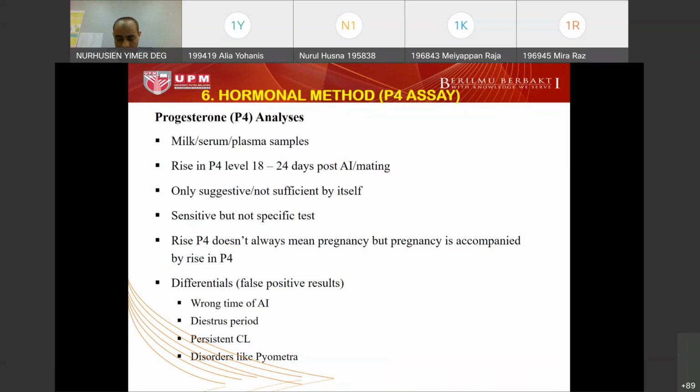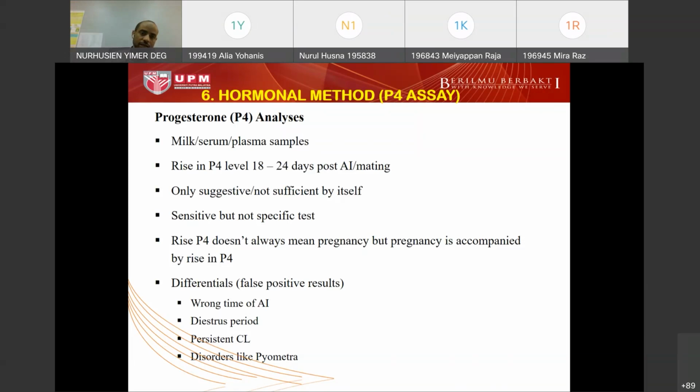All right? Because that is the time that you are expected to have a corpus luteum maintained to support pregnancy, right? So during this period, if you get a progesterone level which is higher and sustained, then we are going to consider that the animal has already established pregnancy. But if the progesterone level drops down to the basal level, then we consider that the animal is not pregnant.